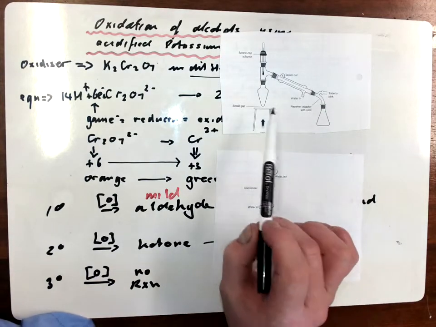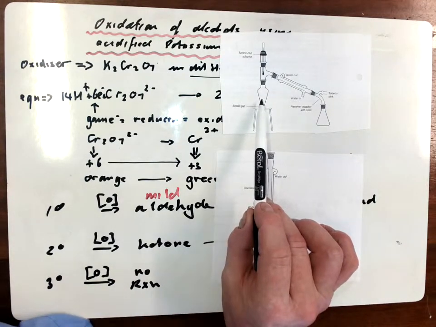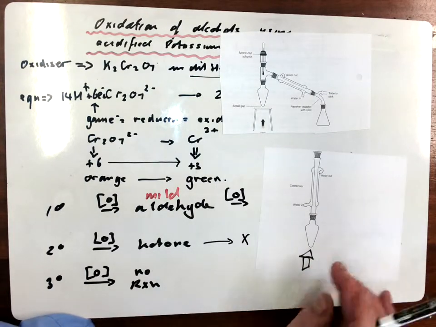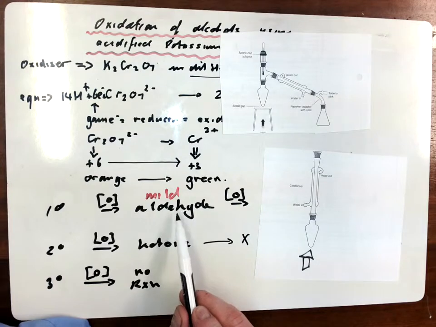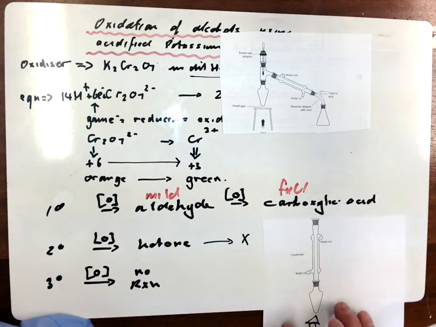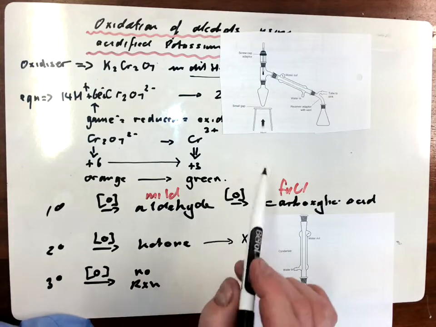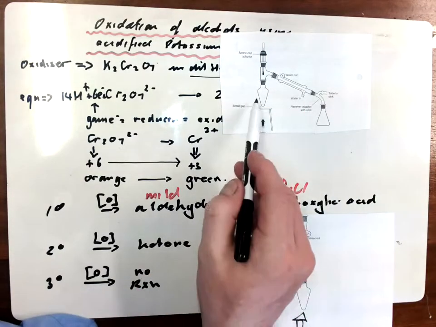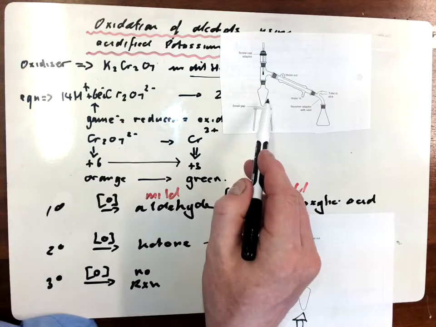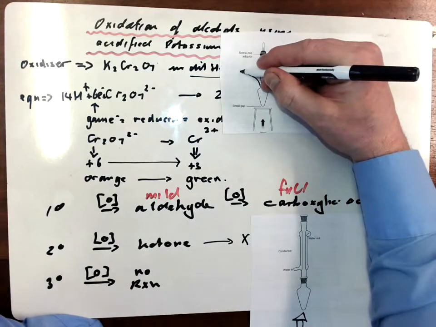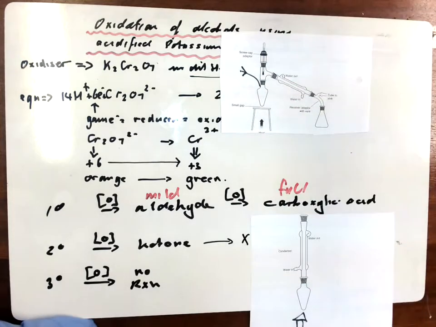So if we put our oxidizing agent and some of our alcohol in here, this top apparatus will allow us to go to the aldehyde and prevent further oxidation to the carboxylic acid. You put your alcohol and your oxidizing agent in there, and you make sure your alcohol is in excess, or you can also put a little sidearm on here, and you can add your oxidizing agent nice and slowly.